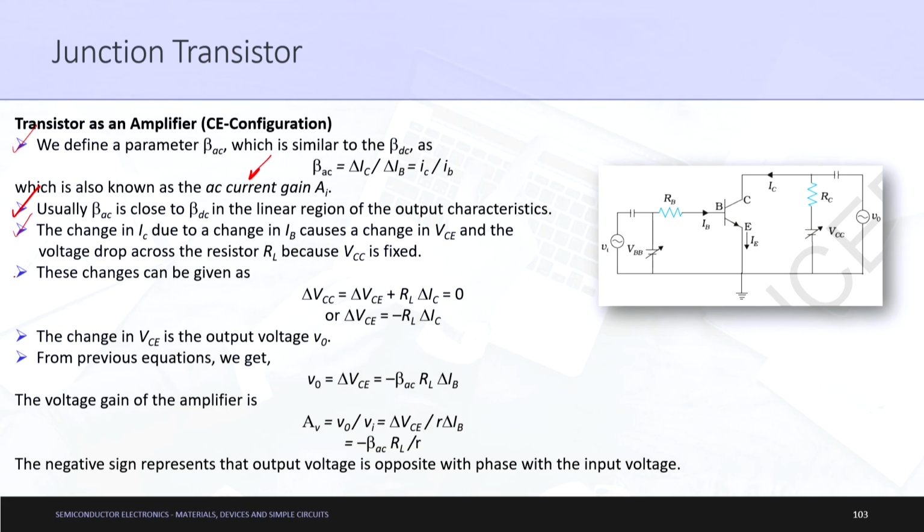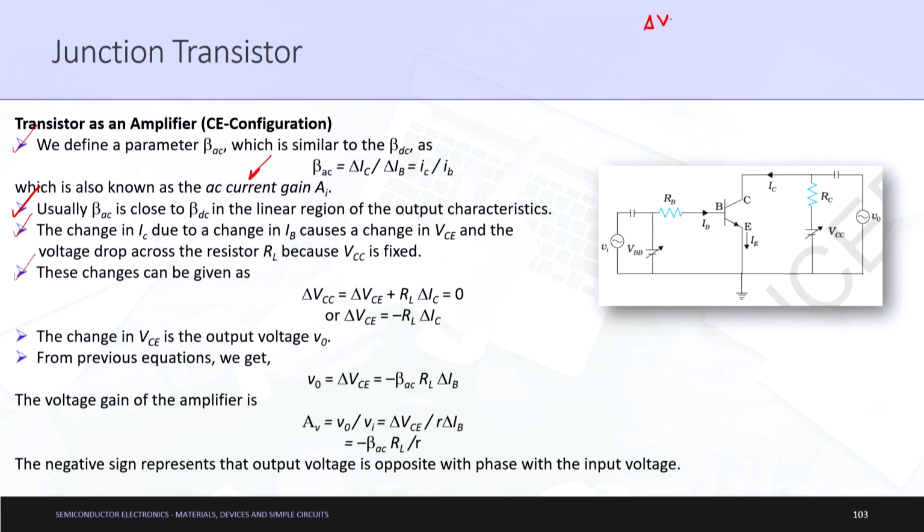Okay. These changes can be given as, so how can we obtain these changes here? Basically delta VCC is 0, we already know, because there can be no change in the value of VCC, which is equal to VCE plus RL delta IC. So, I am just writing it here so that we can understand this clearly.